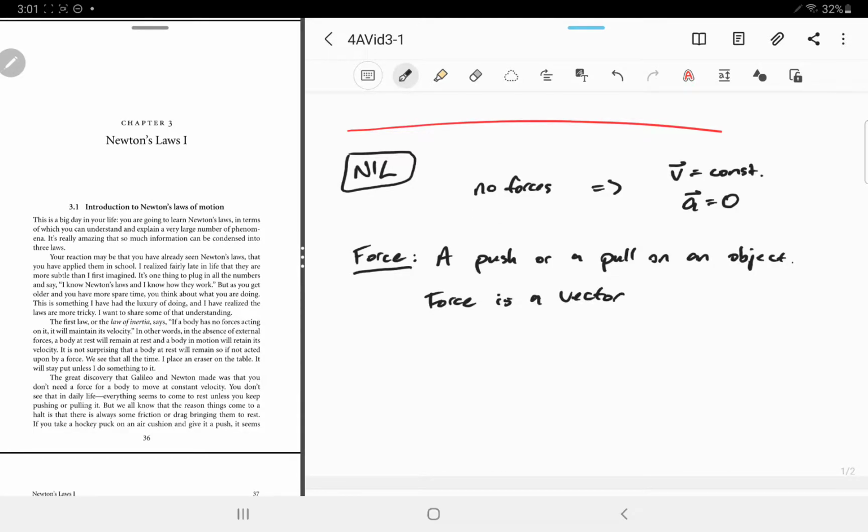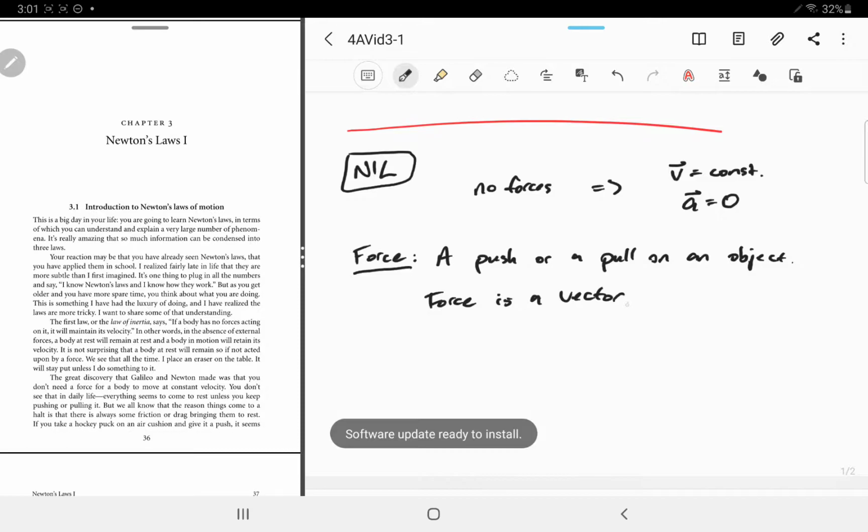When you push or pull on an object, you do so with a certain amount, a certain magnitude, and a certain direction. Remember, this is a telltale sign of a vector. In 3D, the direction can be any direction you want in those three dimensions.